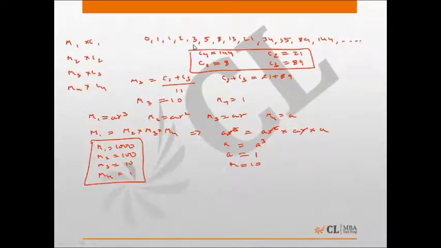Now, which set of M and C will go to which gun? Let's calculate. M1 into C1 is 1000 into 8. M2 into C2 is 100 into 21. M3 into C3 is 10 into 89. And M4 into C4 is 1 into 144.